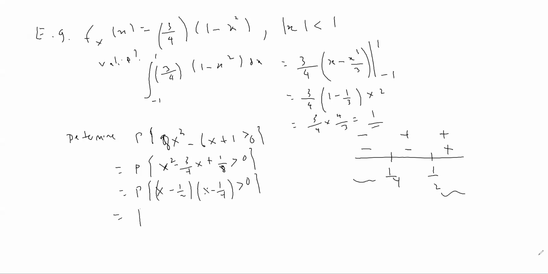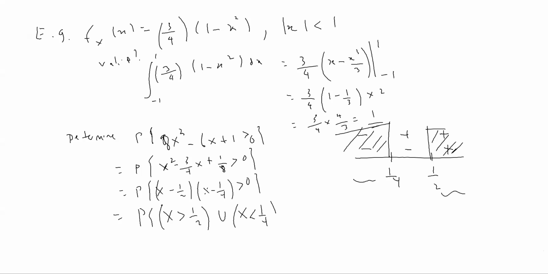So you have two regions here, x larger than half, or, that's why I union it, x less than 1/4. So I have two intervals now. I have an interval on this side, I have another interval on the left-hand side. And these two intervals are mutually exclusive. There's no overlapping.